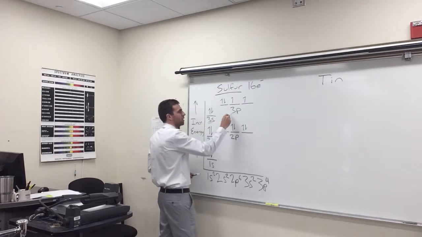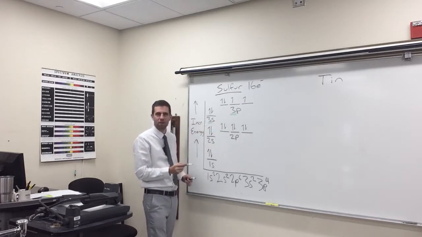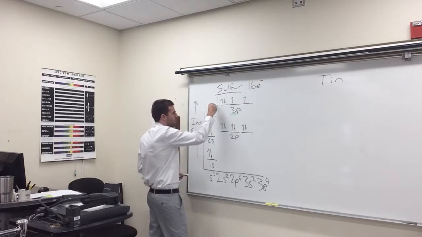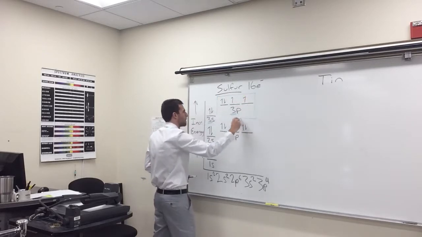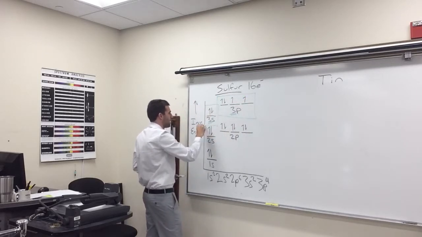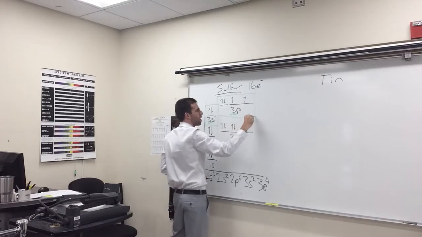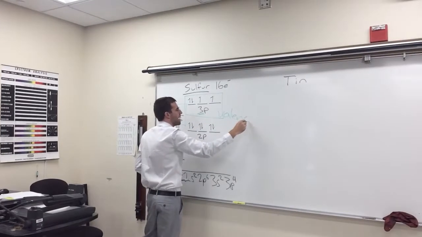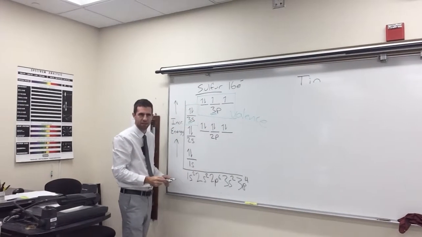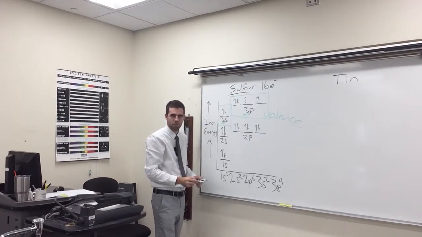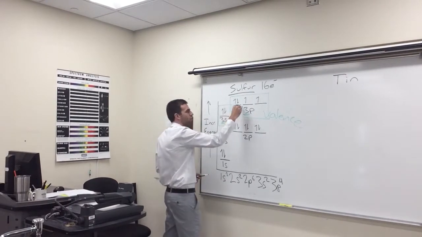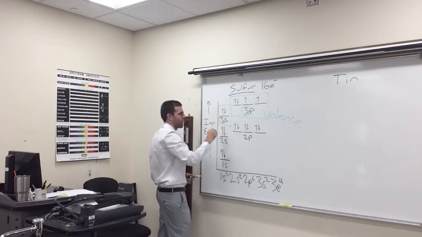The number. 3, right? So where are they? Those are valence, and those are valence, right? These are valence, aren't they? Because they are the third energy level. They're the highest energy level, right?